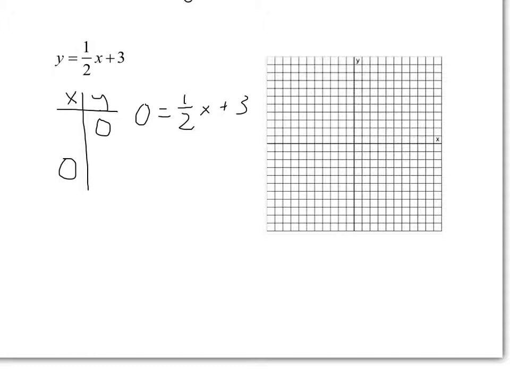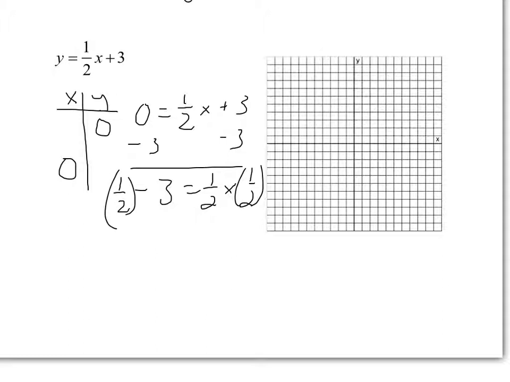To get x by itself in this equation, I'm going to have to subtract 3 from each side. So negative 3 equals 1/2 x. To get rid of the 1/2, I'm going to multiply each side by the reciprocal. So I get negative 3/2 equals x. That's the x-intercept.